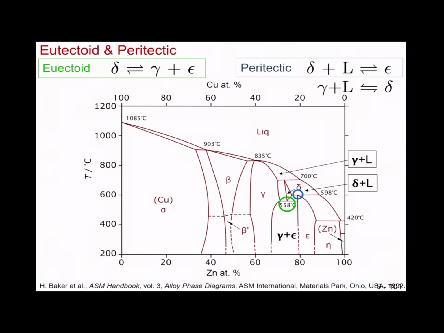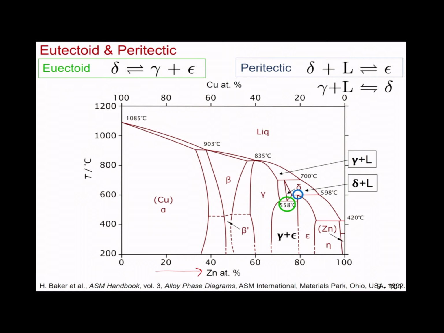Okay, so we're going to go on and talk very briefly about different reactions that you could also see on a phase diagram. Here is a copper-zinc phase diagram going from 0 to 100 atomic percent of zinc on the lower x-axis. Temperature is still on the y-axis.